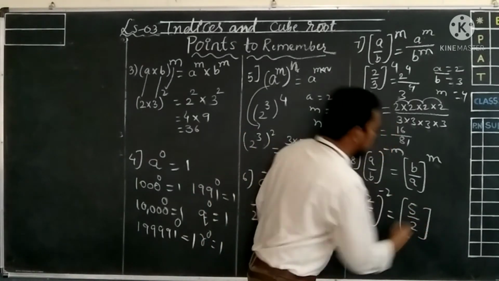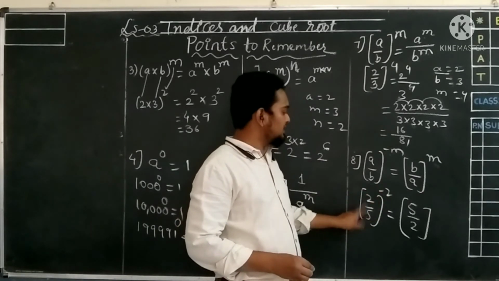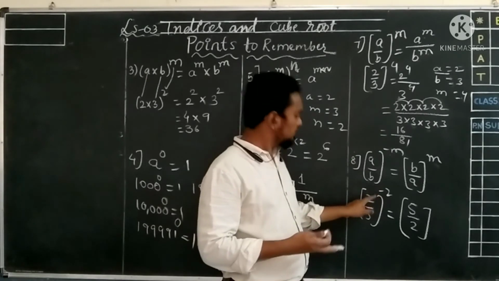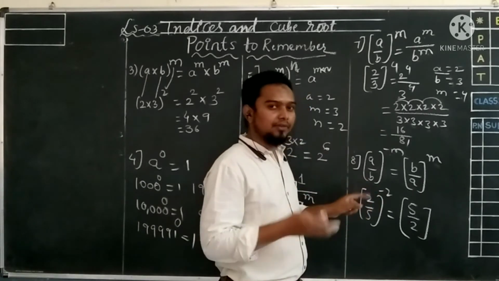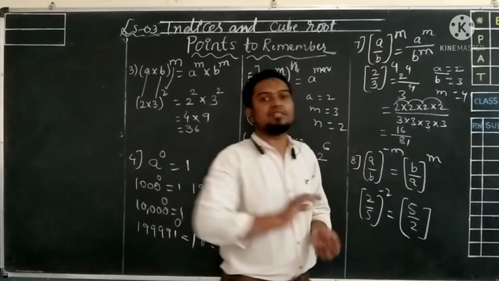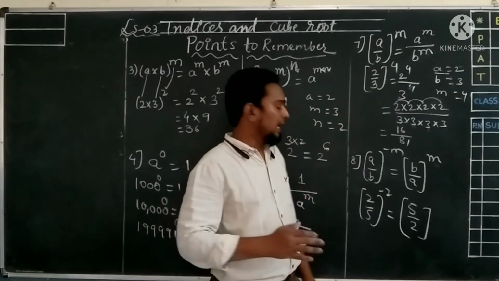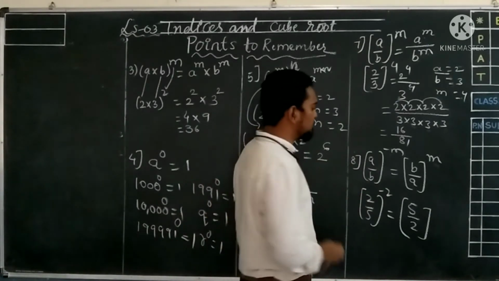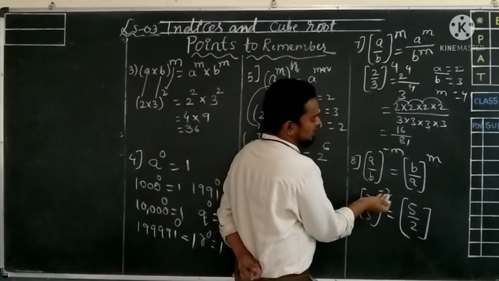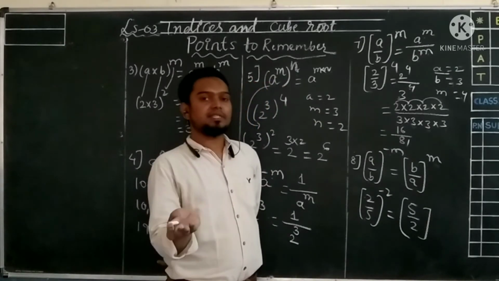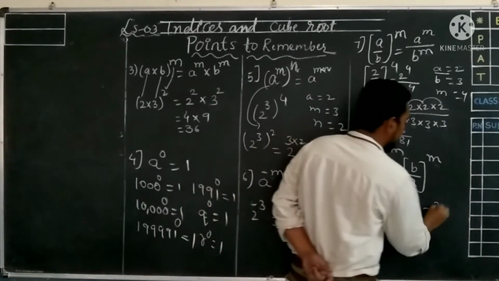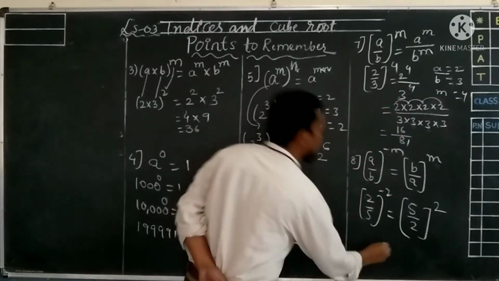Minus 2 becomes plus 2 when the number is interchanged. 2 upon 5 whole to the power minus 2 is converted into 5 upon 2 whole to the power 2, because when their position changes, their sign also changes. Therefore, 5 upon 2 whole square.